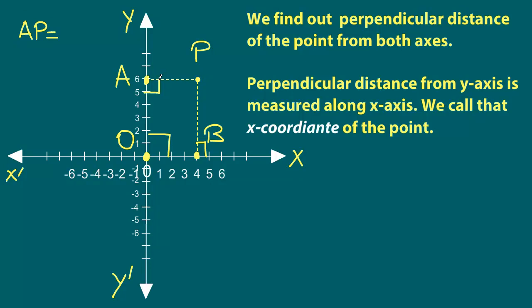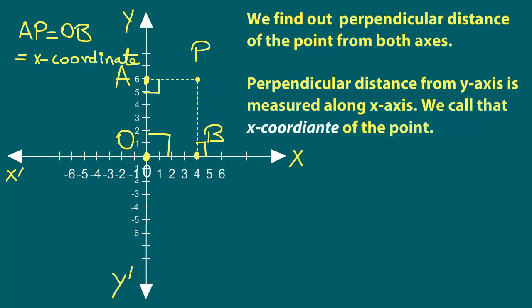The length AP is measured along the x-axis, because AP is nothing but OB, and we call that the x coordinate. So we say this length AP is the x coordinate of the point P.